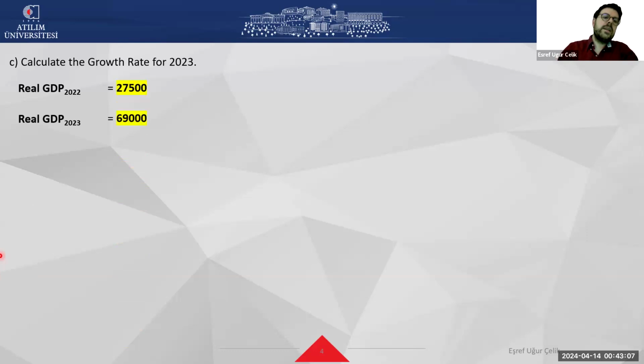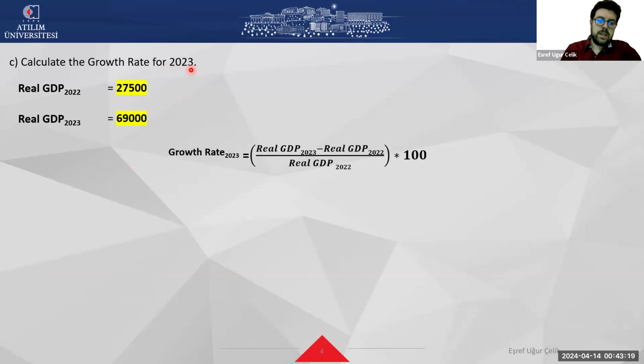I asked the growth rate of 2023. We can use the percentage change formula by using the real GDP. Percentage change formula is like that. Firstly, we take the year I asked you minus 1 year earlier, divided by 1 year earlier.